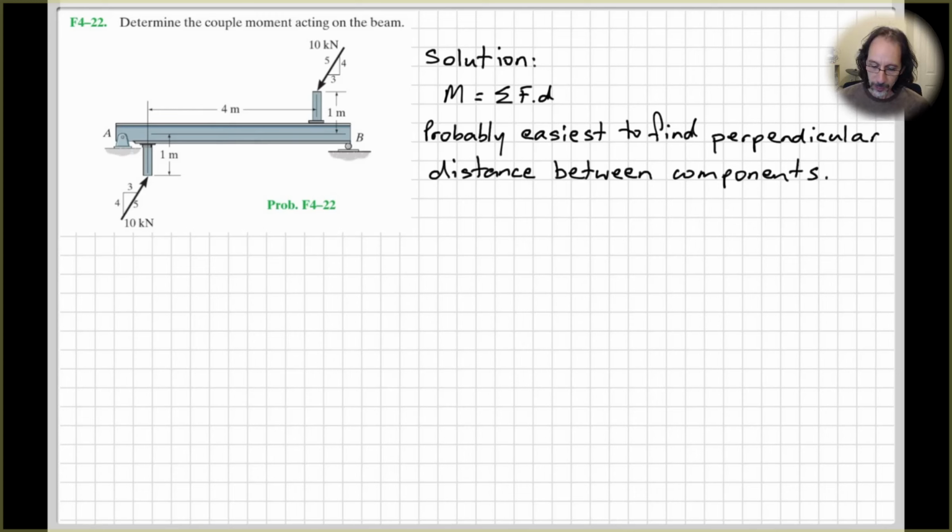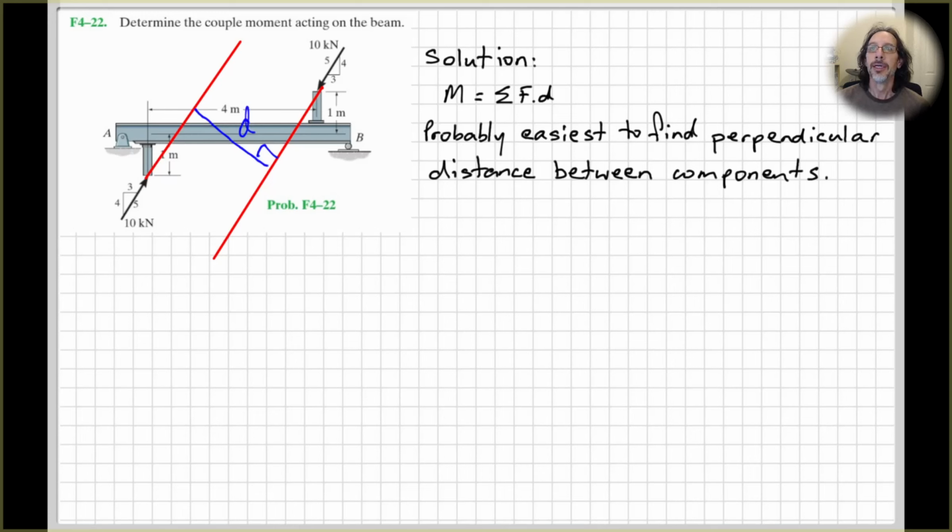Okay, so we could do something like this. Let's draw a line on here. So extend the line of action of one of these forces, something like that. And then the line of action of this one here is parallel. And then we could try and work out that perpendicular distance between them.